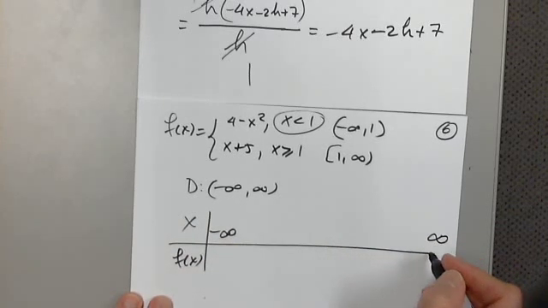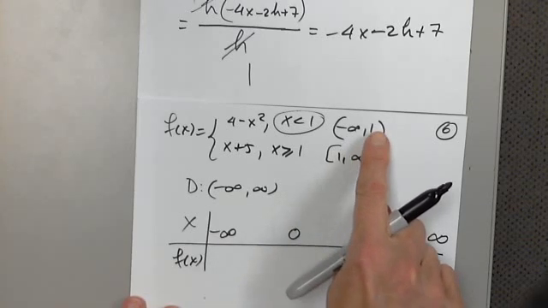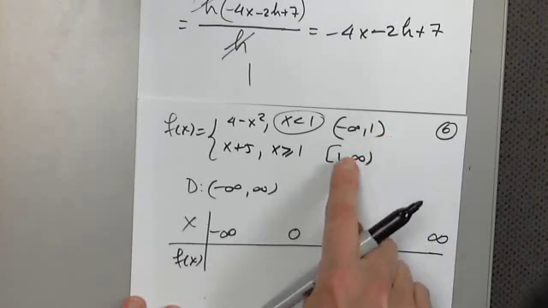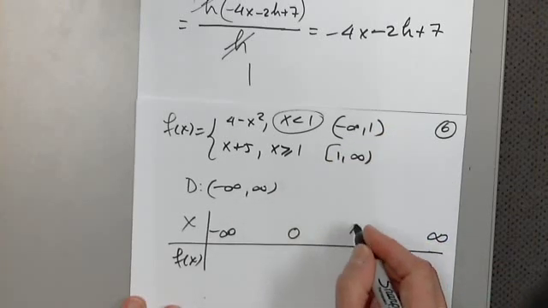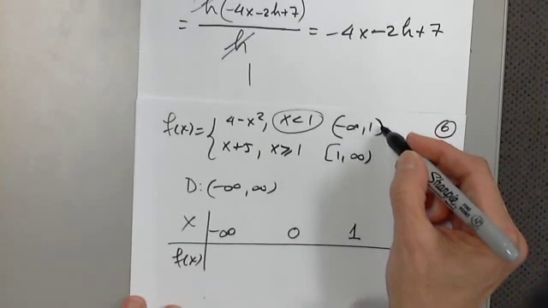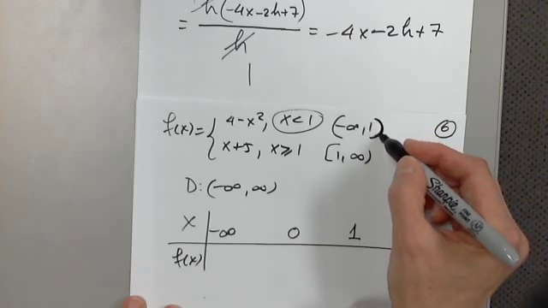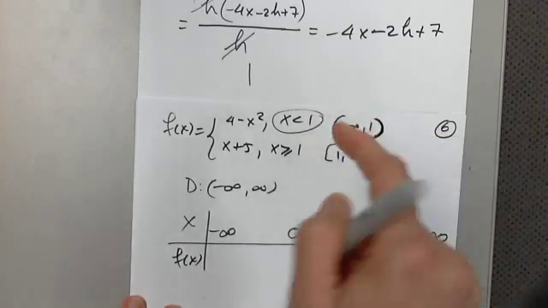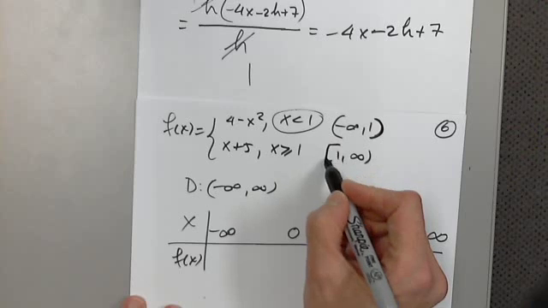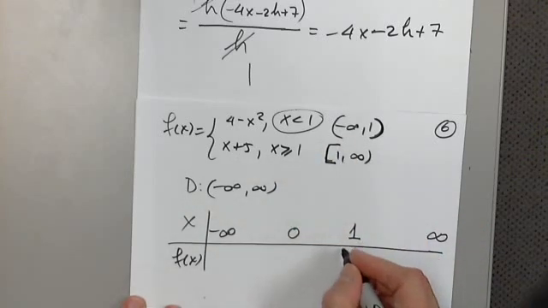Negative infinity to infinity. 0 will always be in the table, any table, but this time the important x value is 1. I know you remember that we are going to put a symbol, which is a parenthesis facing this way, and a bracket touching it, a bracket facing that way. So parenthesis and bracket.